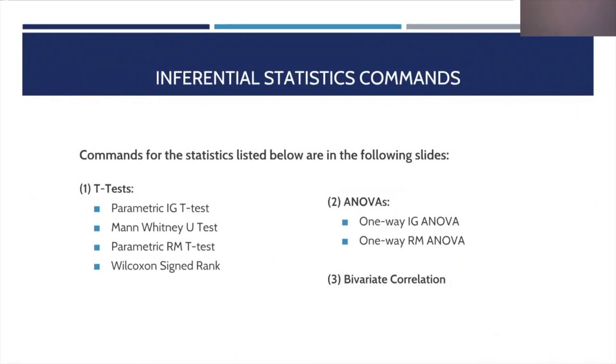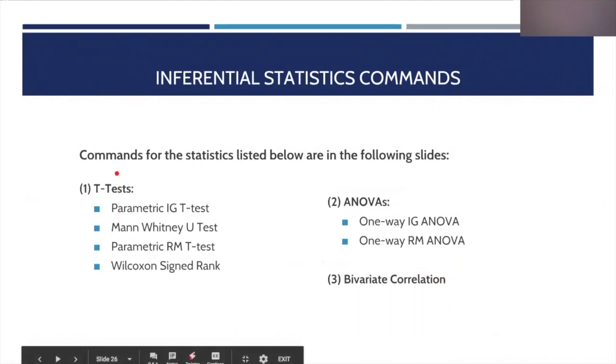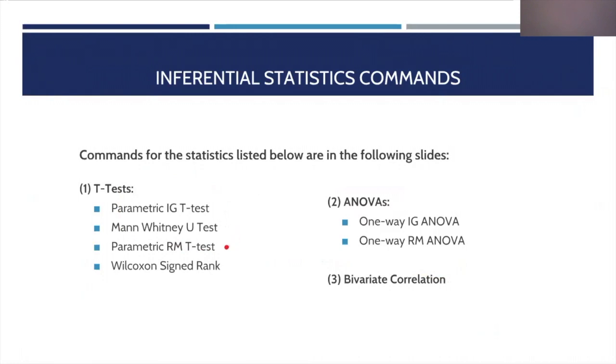So for our inferential commands, at the end of this lecture, you're going to have commands for a parametric independent groups t-test, a Mann-Whitney u-test, a parametric repeated measures t-test, Wilcoxon signed rank, a one-way independent groups ANOVA, a one-way repeated measures ANOVA, and a bivariate correlation.